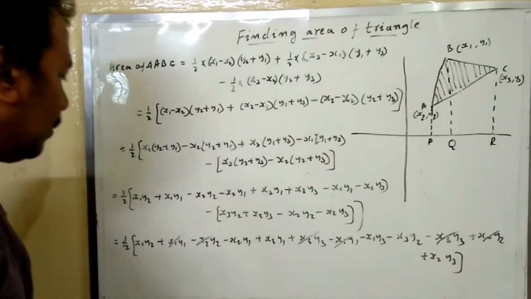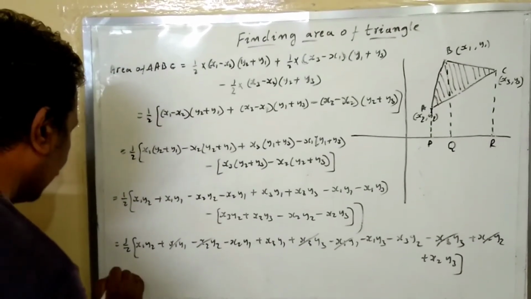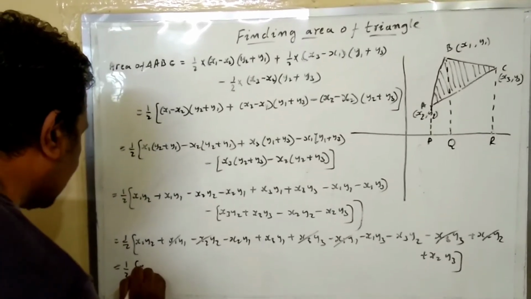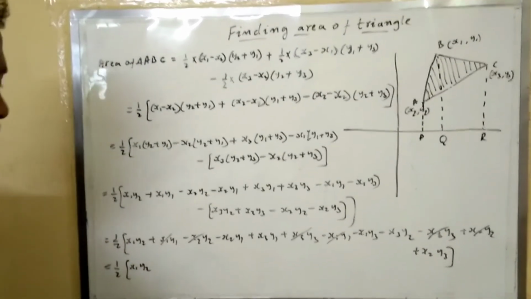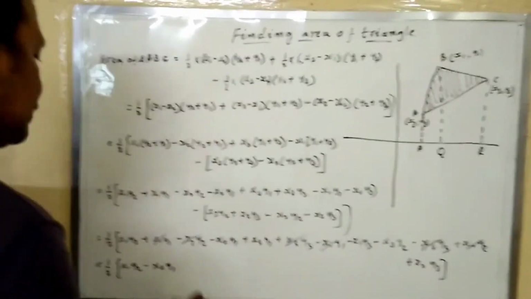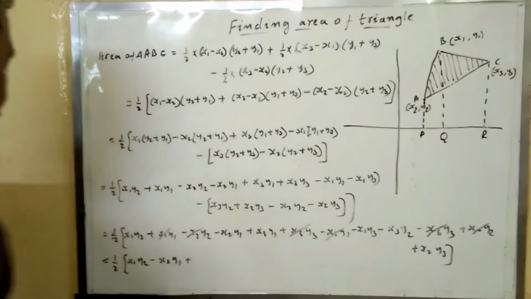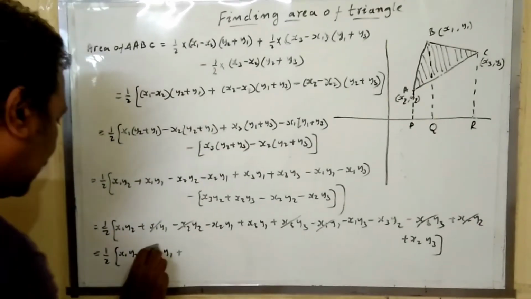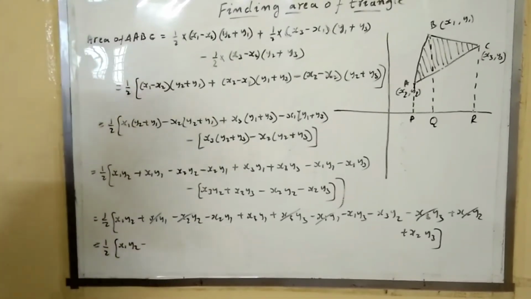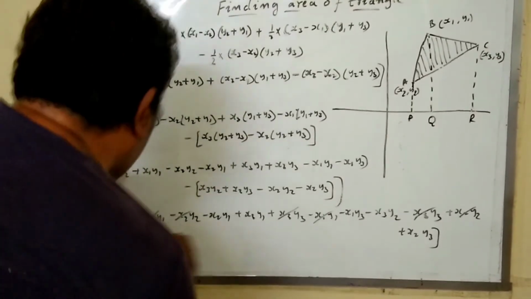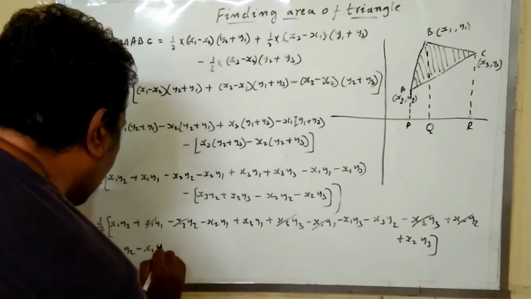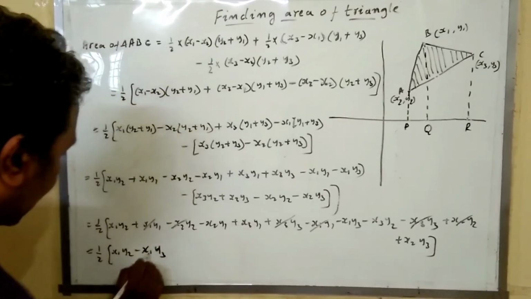Now let us write the remaining terms, half into x1y2 minus x1y3, so that we can take x1 as common.